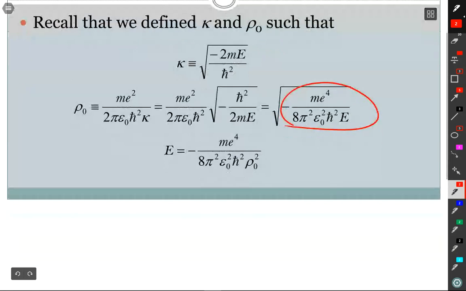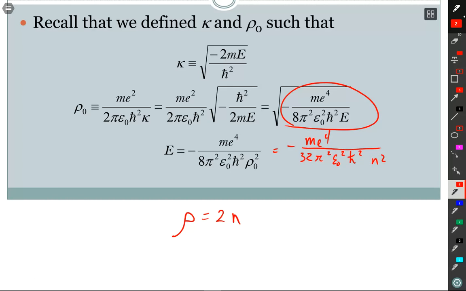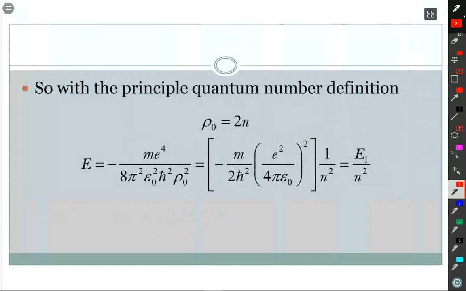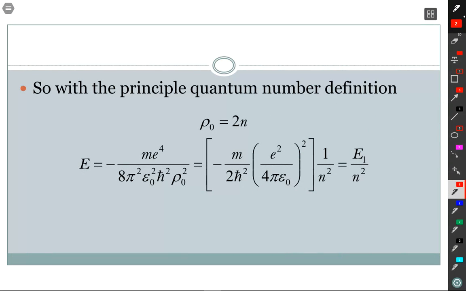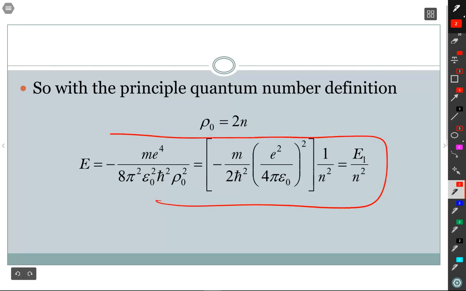So now since we had rho 0 is equal to 2n, then this is equal to minus m e to the fourth over, 2 squared is 4, 4 times 8 is 32, pi squared epsilon 0 squared, h bar squared, n squared. So now we have our energy is dependent on the n value. So our principal number tells us the energy. And we're out of time.